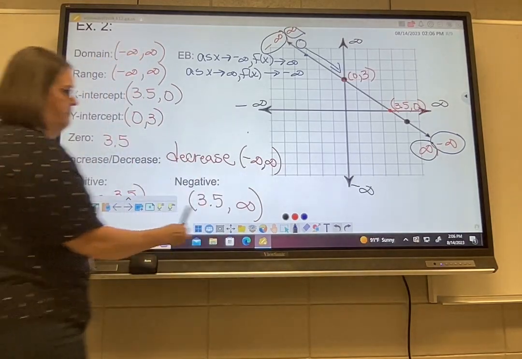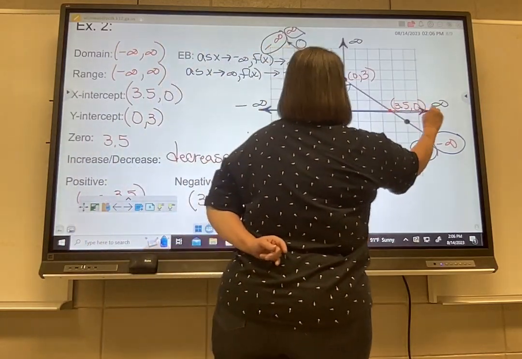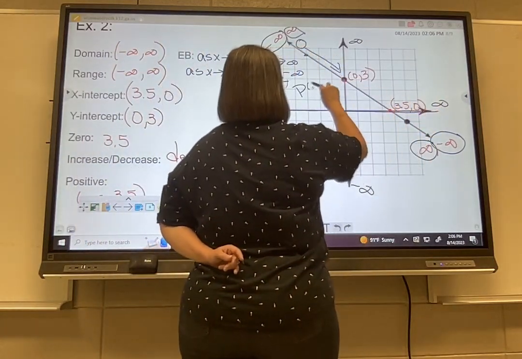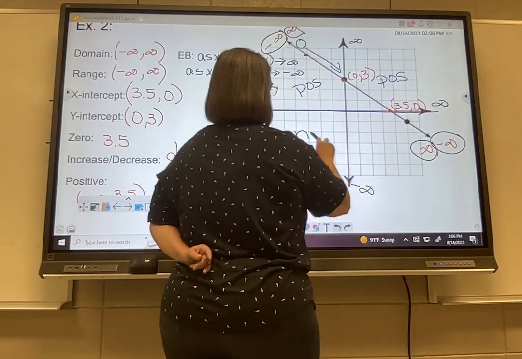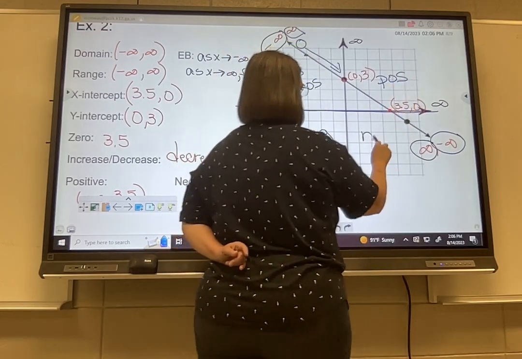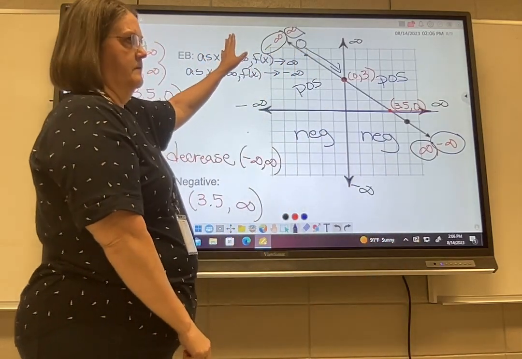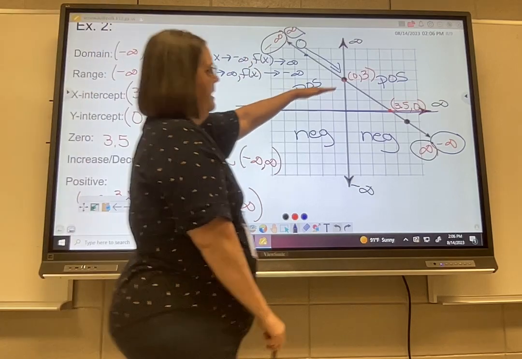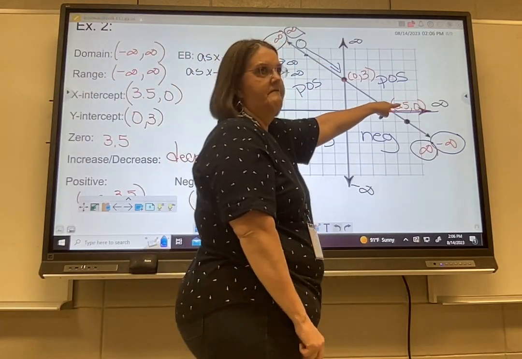Where is this graph positive? Well, this up here is where y is positive. These quadrants here is where y is negative. So if I read the graph, the x values where it's positive are from negative infinity all the way to 3.5.